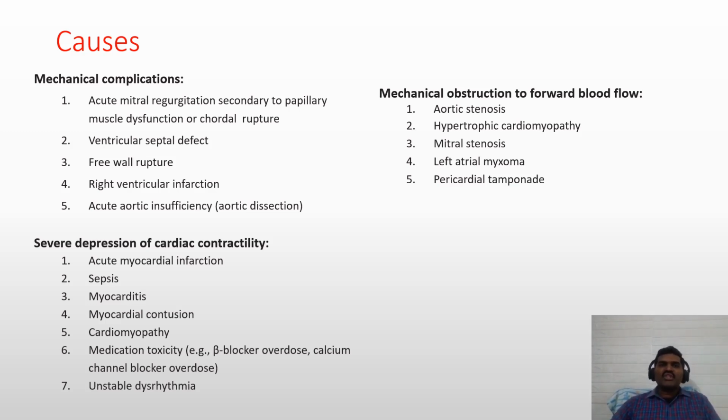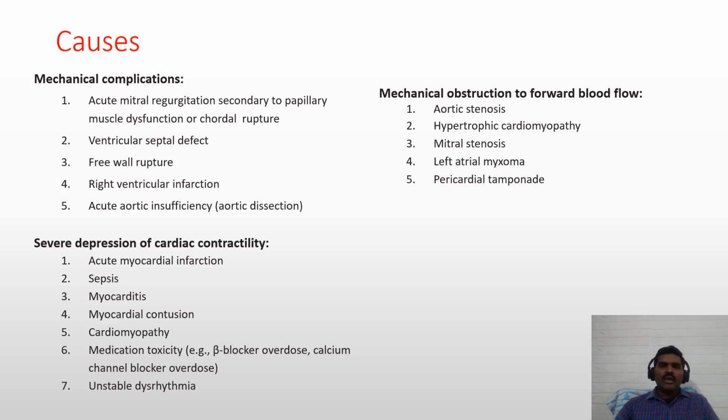Severe depression of cardiac contractility is due to acute myocardial infarction, sepsis like in COVID-19 multi-organ syndrome, myocarditis, myocardial contusions in trauma, cardiomyopathy, and medication toxicity like beta blocker overdose, which can cause bradycardia. Bradycardia leads to development of cardiogenic shock, as do calcium channel blocker overdose and unstable dysrhythmias. Mechanical obstruction to forward blood flow occurs in valvular diseases, aortic stenosis, hypertrophic cardiomyopathy, mitral stenosis, and left atrial myxoma. Finally, pericardial tamponade can lead to cardiogenic shock.